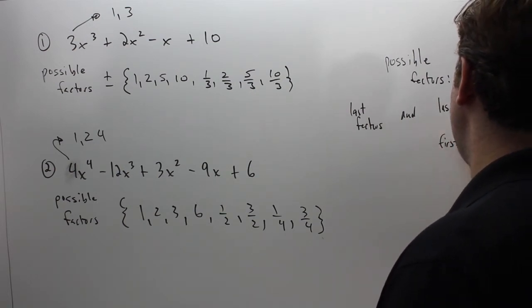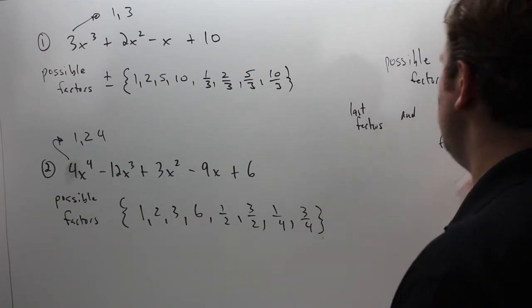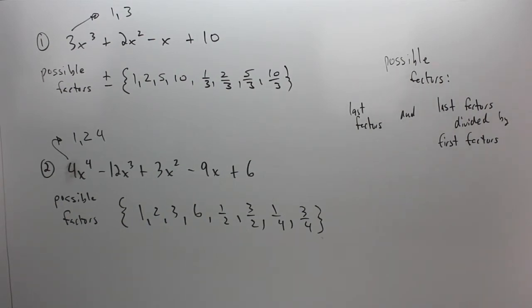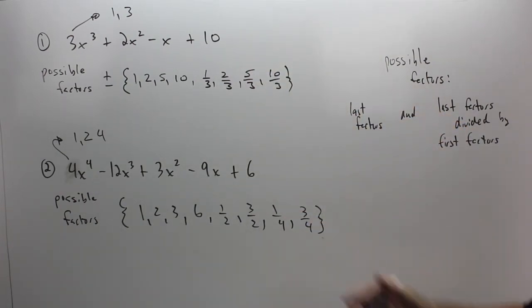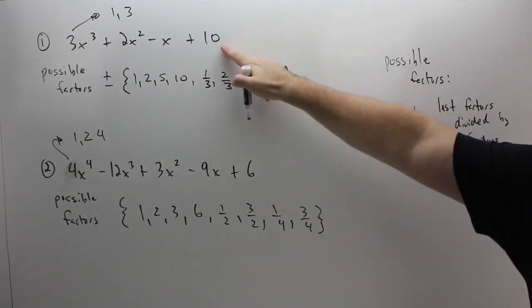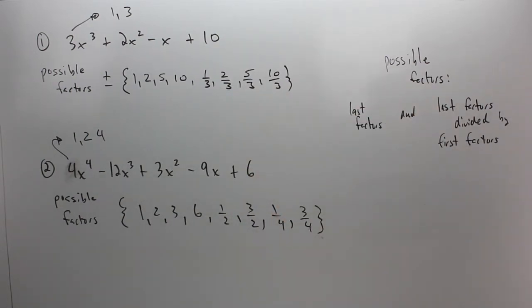And when I say last and first, I'm referring to the last being the constant. So like the last term, if you have it in descending order. So 10 or 6, and the first is the leading coefficient of the first term.